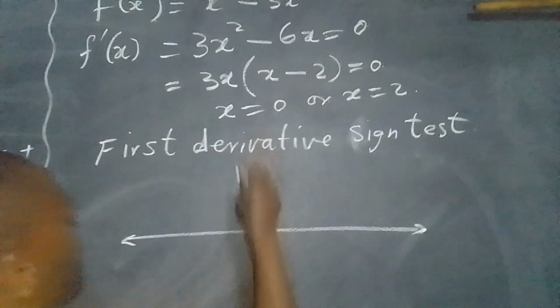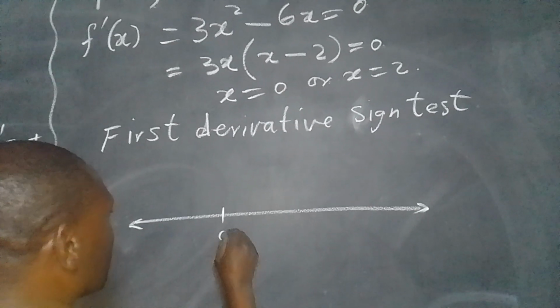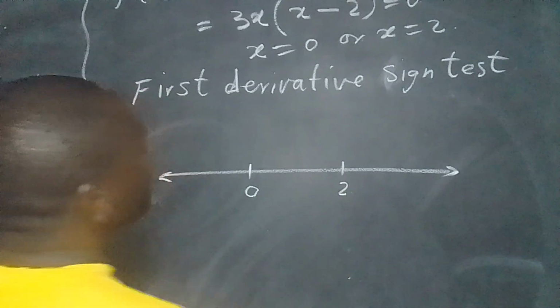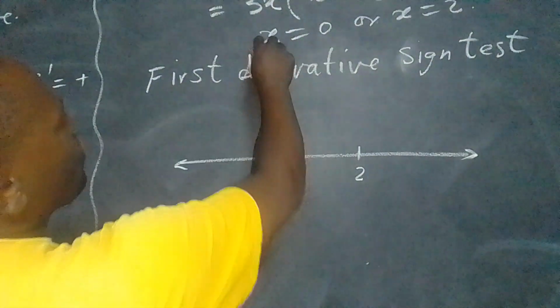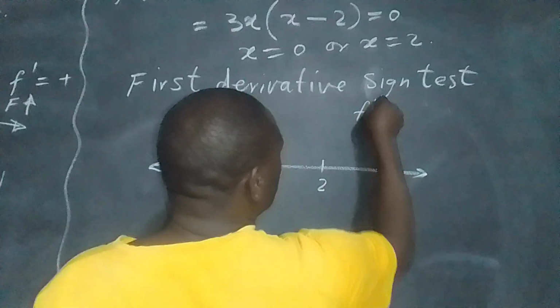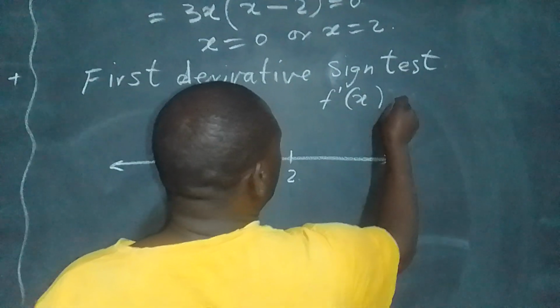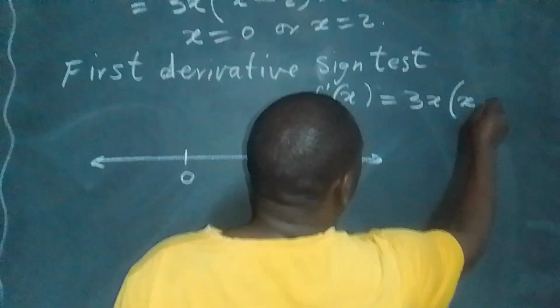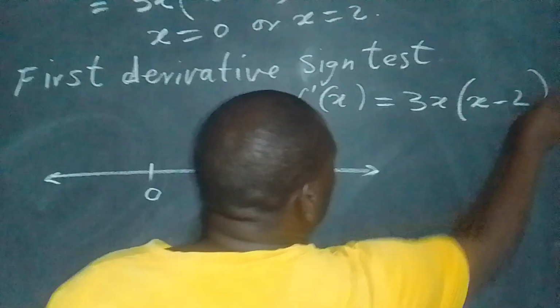We set our x is 0 and our x is 2. We are going to use f dash of x, which is 3x times x minus 2.